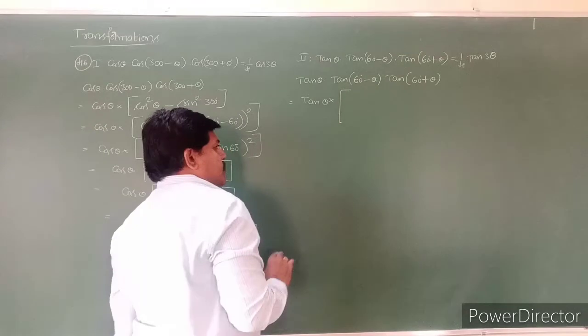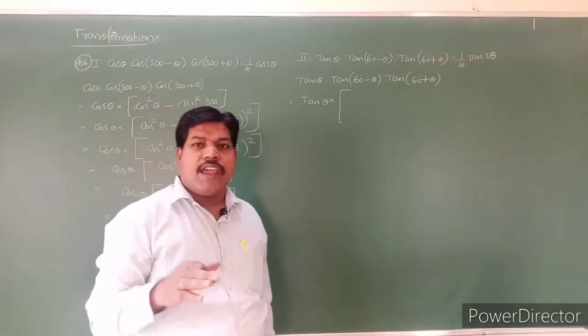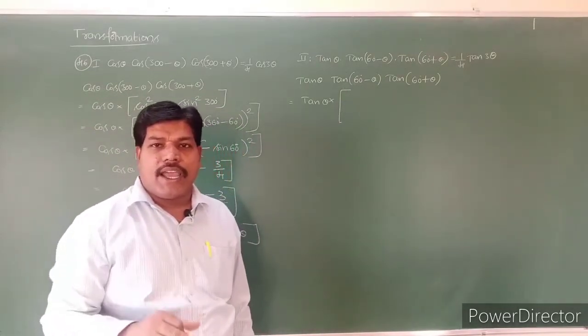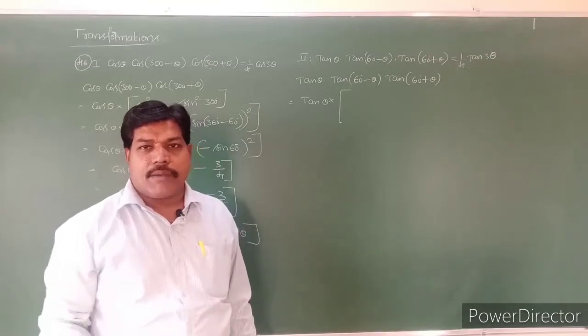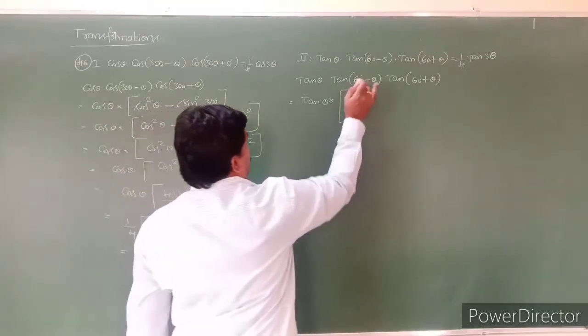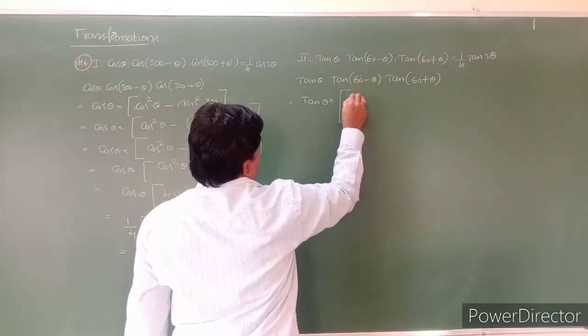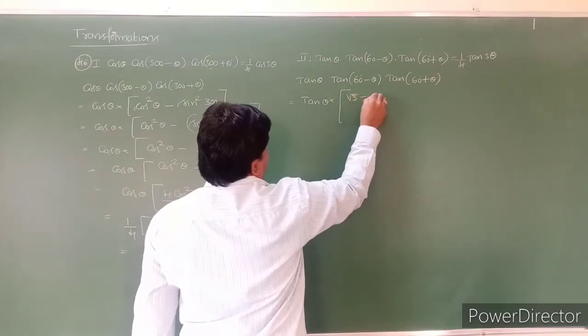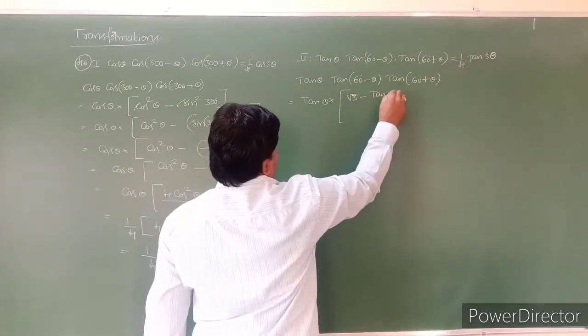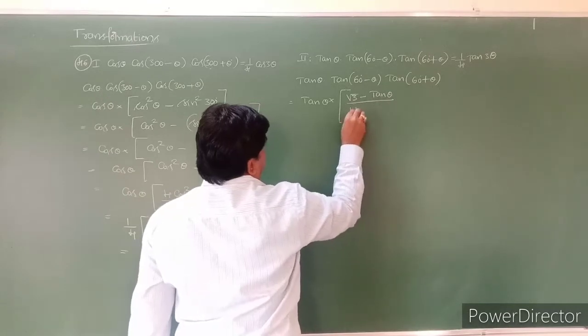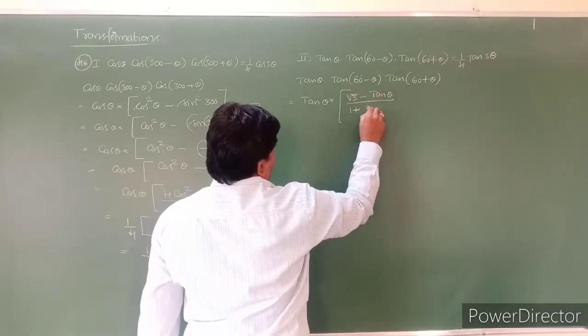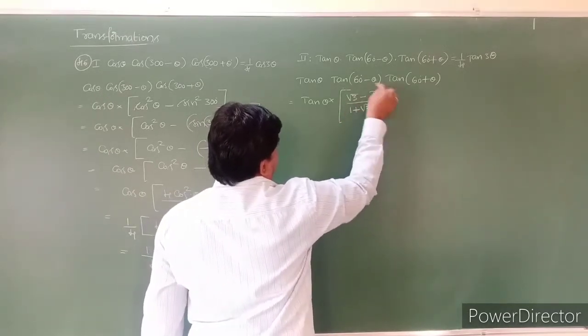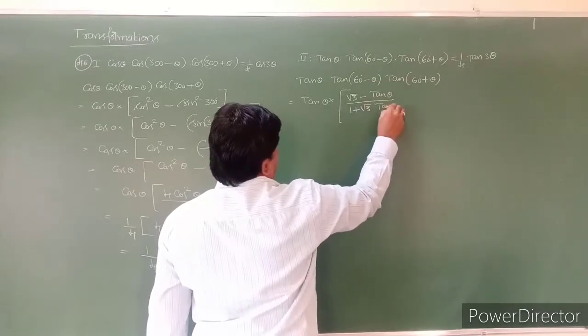What is the tan of a minus b formula, students? Tan a minus tan b by 1 plus tan a tan b. Yes or no? So here tan a, tan 60 is root 3, minus tan b is theta, by 1 plus tan 60 is root 3, tan a into tan b. Tan b is nothing but tan theta.